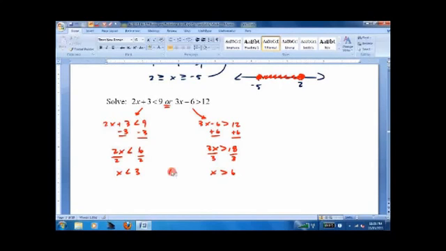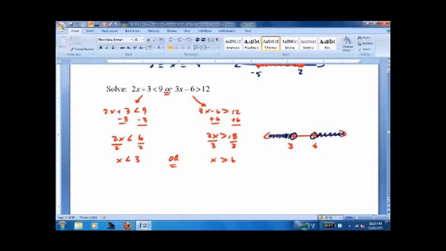So x is less than 3, or x is greater than 6. 6, 3, greater than 6, less than 3. That's about it.